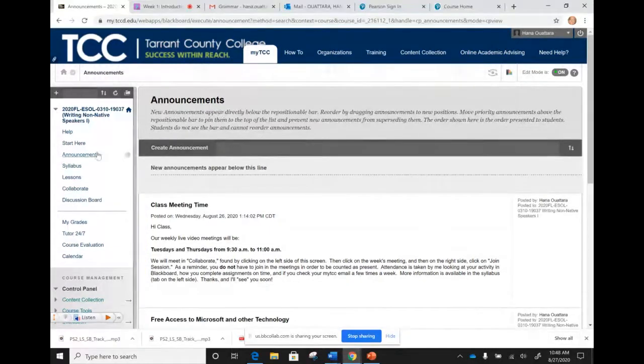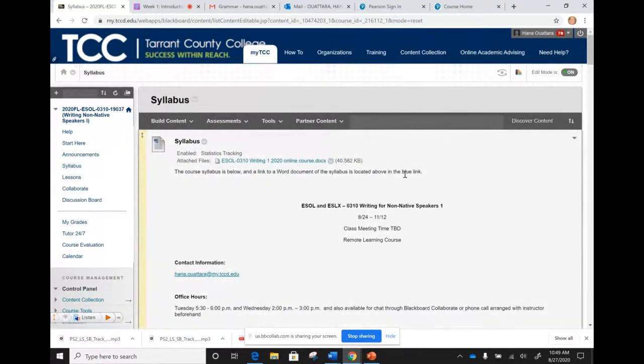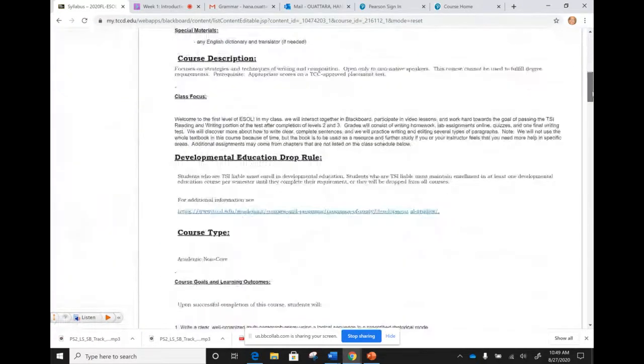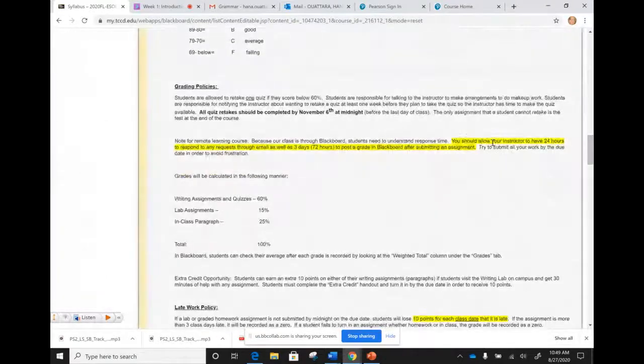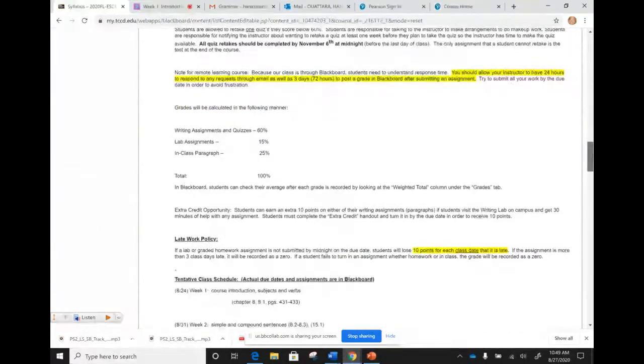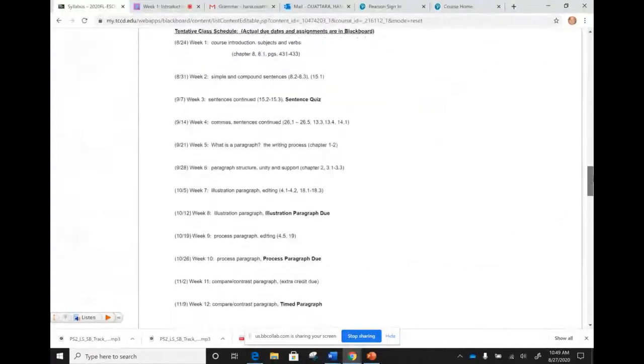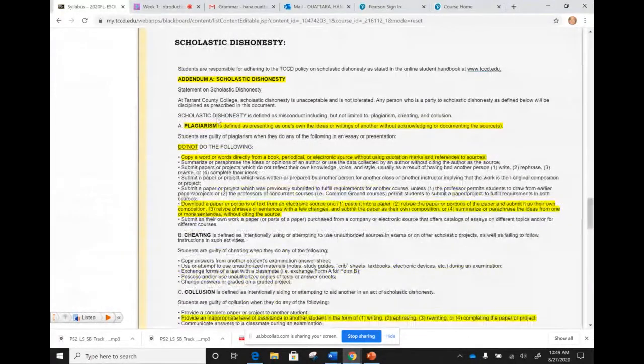Let's look here around Blackboard. On the left side, you see you can click on the syllabus. This is what you need to do today and tomorrow, sometime today or tomorrow. Go through and read this, especially the yellow part. It's very important. Okay? Down here, it's about plagiarism.